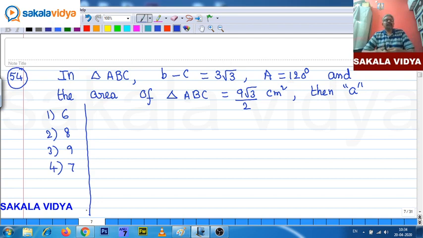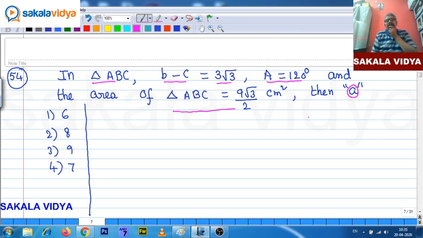So now in the triangle ABC, b minus c, the difference of the two sides is given, one of the angles is given, 120 degrees, and the area of the triangle is given. Then now we need to find out a value. A value means cosine rule we need to use.